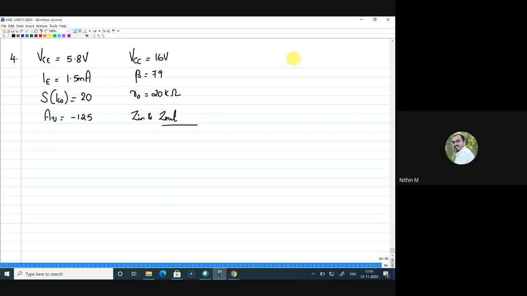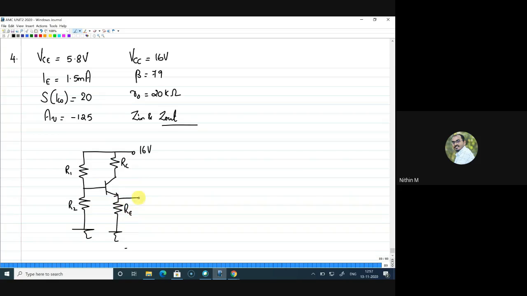All right. So the first step, let me just draw a circuit here so that we'll always have a reference, right? I am using voltage divider bias. This is VCC, 16 volts. I have no idea about the component values, so R1, R2, RC, RE I am leaving as they are.